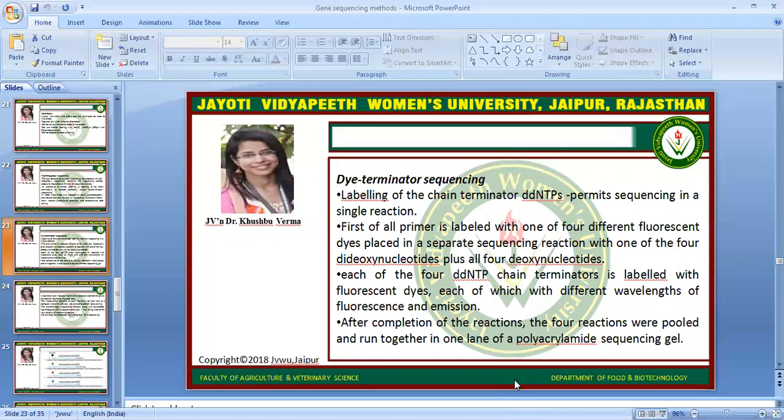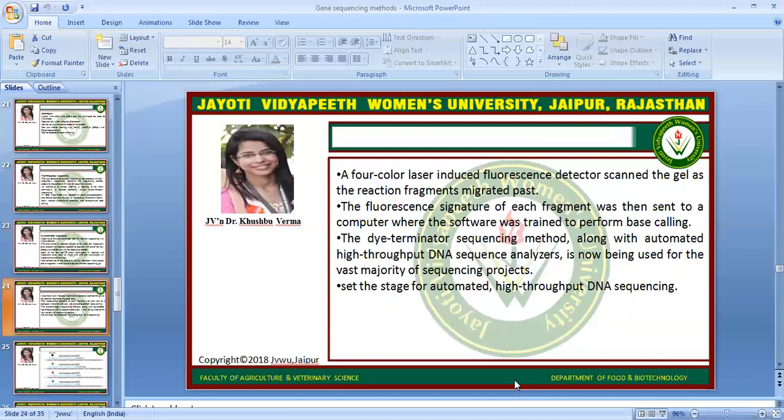Each of the four ddNTP chain terminators is labeled with a fluorescent dye, each with a different wavelength of fluorescence and emission. After completion of the reaction, the four reactions are cooled and run together in one lane of a polyacrylamide gel for the sequencing.